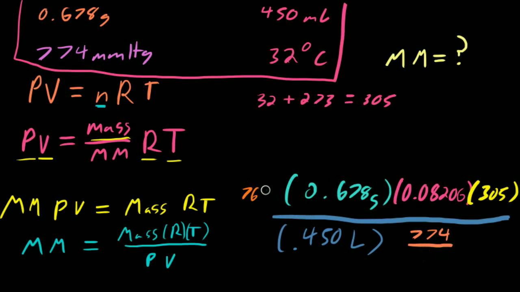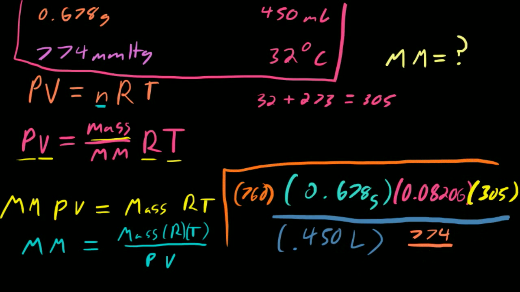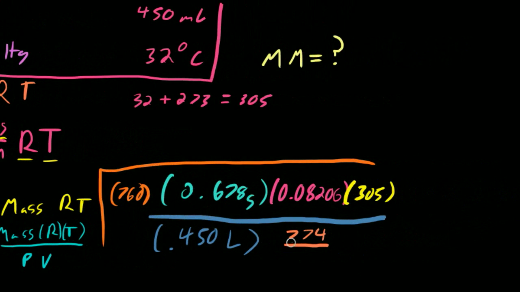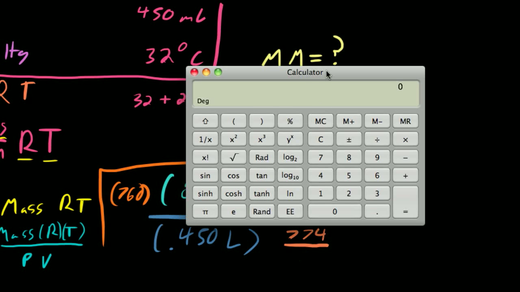I'm just going to multiply by 760 rather than divide by it twice. So anyway, we've got everything set up in our equation to figure this out. I'll give myself a little more space, and now I'll grab the calculator.